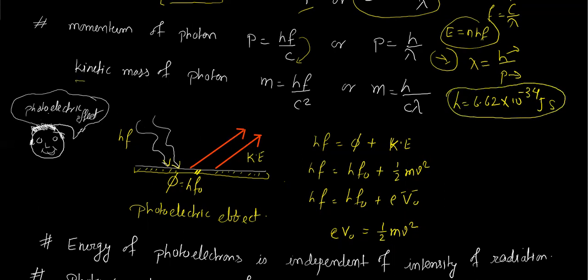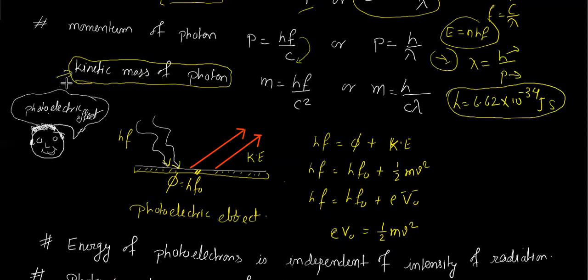Here is another term, the kinetic mass of a photon. The kinetic mass of a photon can be expressed as the ratio of the product of Planck's constant with frequency and the square of the velocity of light. This is known as the dynamic mass of a photon.